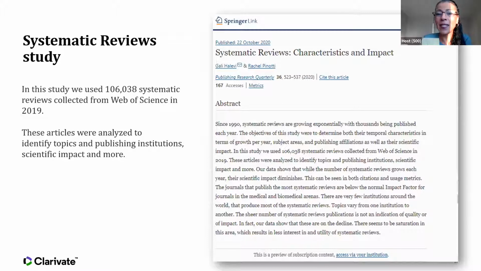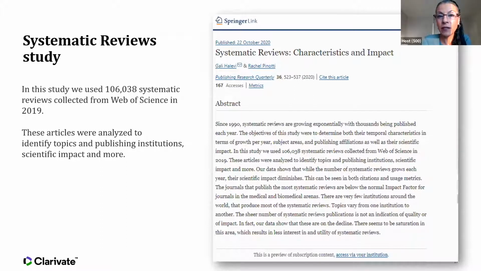And again, I contacted Clarivate. They were able to retrieve over 100,000 systematic reviews from Web of Science, and the consultant assisted us in analyzing not only the output, but also the impact of these systematic reviews.